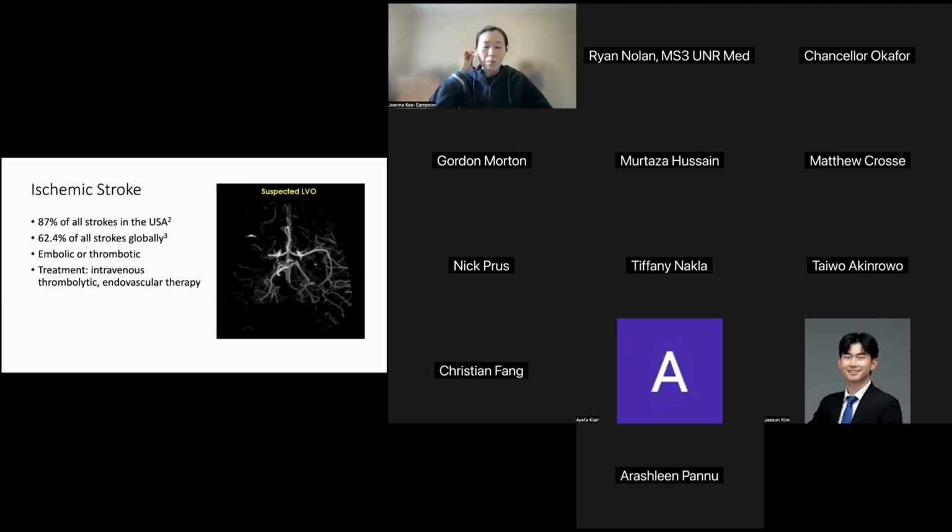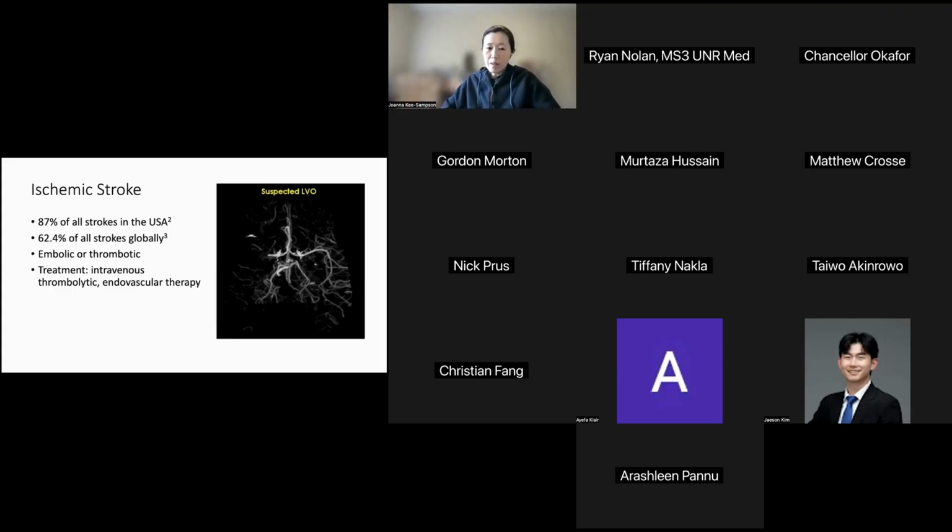But by far, the most common type of stroke is ischemic stroke. And this is by far the most common type, not just in the US, but also globally. They can be from an embolic source or thrombotic source.